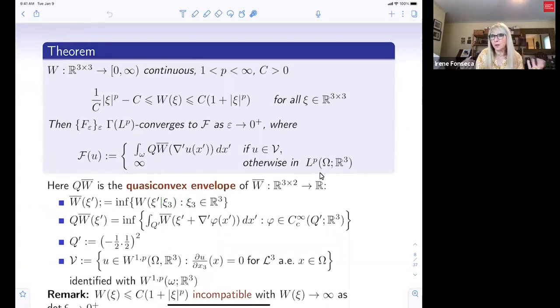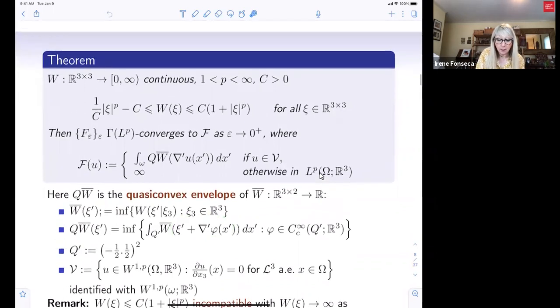That is the so-called quasi-convexification, which is that you take the unit square on the plane, and then you take all possible perturbations of this matrix with gradients of functions which go from this square into R3 and which have compact support. So basically you're looking at all possible gradients, strains of deformations which look like C prime x prime on the boundary, because you're killing the boundary here with the C.